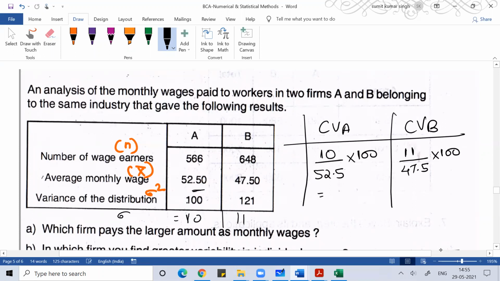So in this calculation, 100 times 100 gives 10,000 divided by 525, and 11,000 divided by 475.